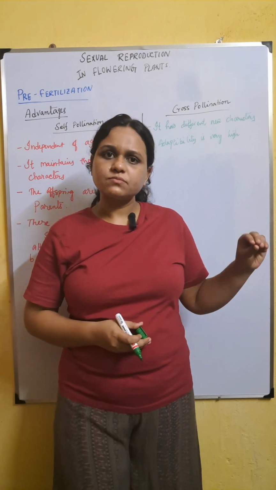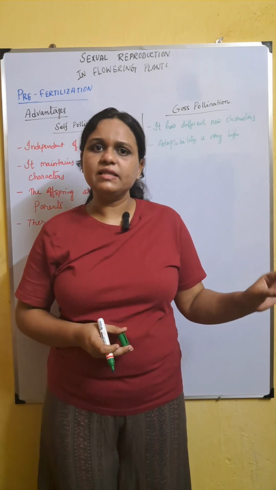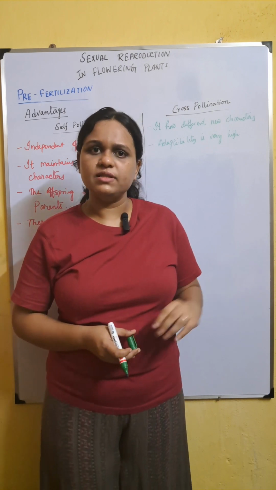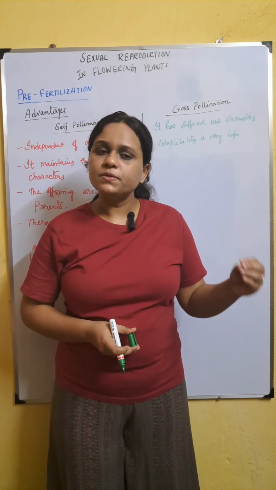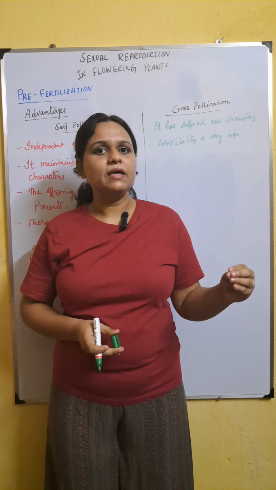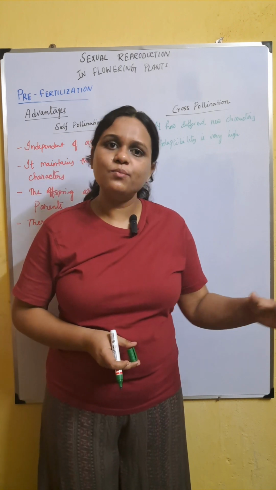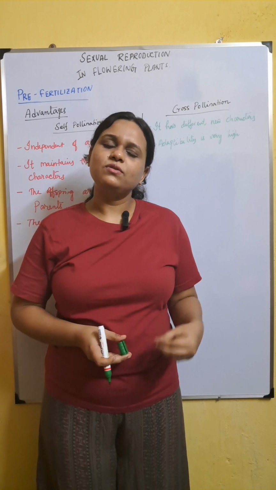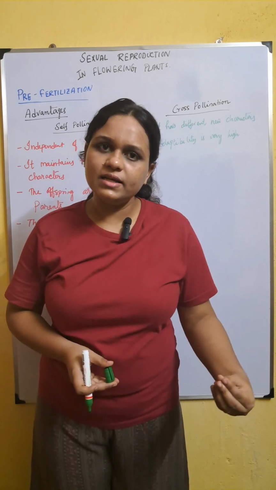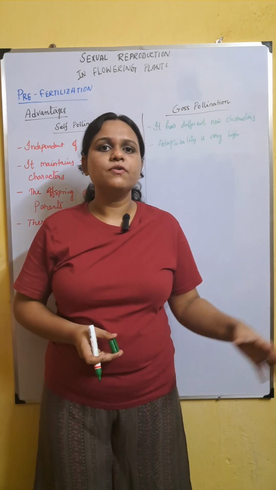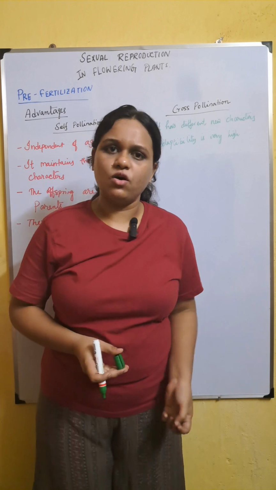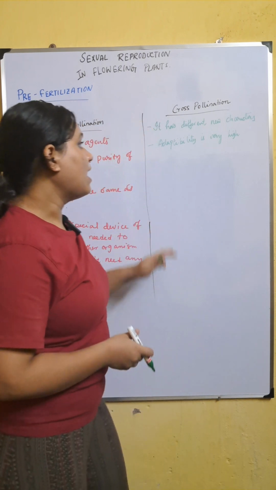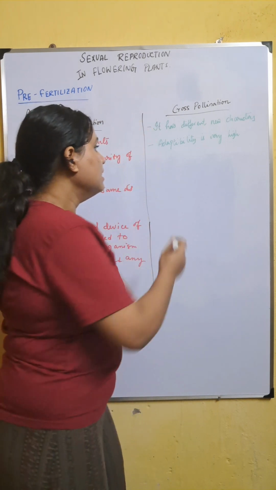So when these two plants have a cross between them, the offspring produced will be very adaptable to both environments, to some extent to drought condition and to some extent to watery or moist condition. So it will have a high adaptability.